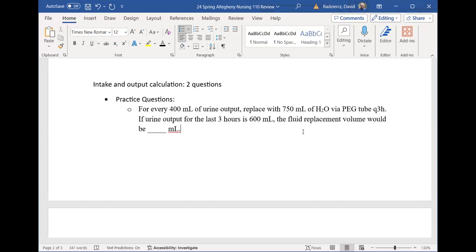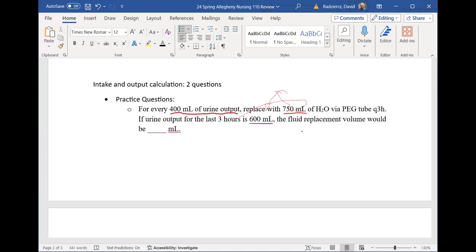But like I said, the important parts of this are knowing the expected output, the replacement volume, and the actual output. Okay. So I'm going to show you how I came about the formula I'm going to show you in just a moment, and then why this works.